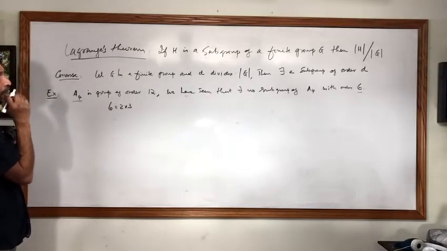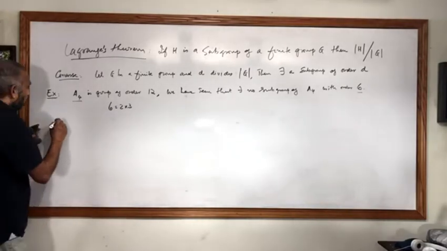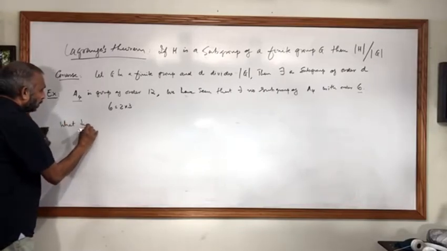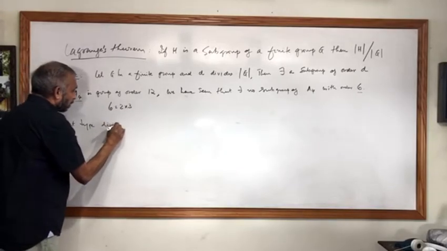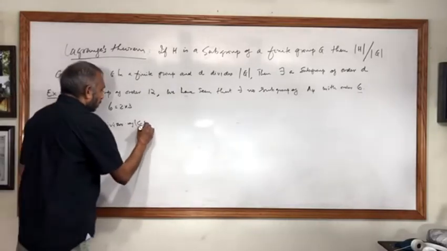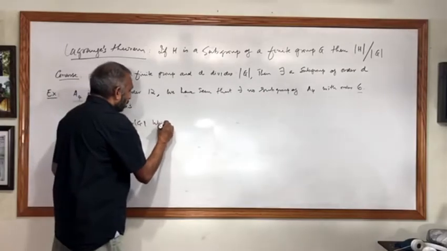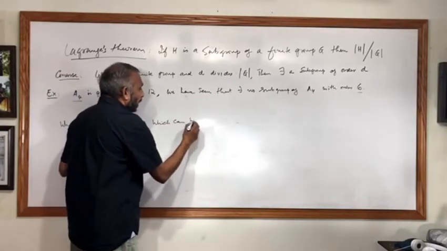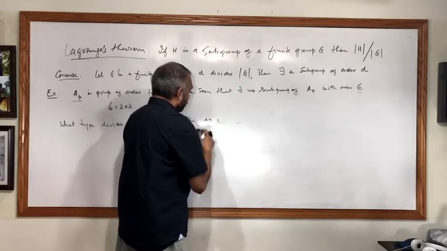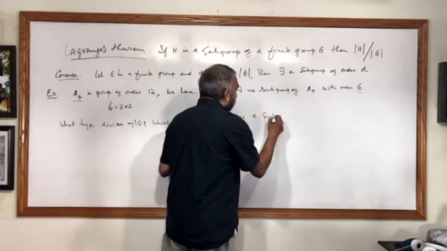So our next attempt is to find what type of divisor of G can be the order of a subgroup.